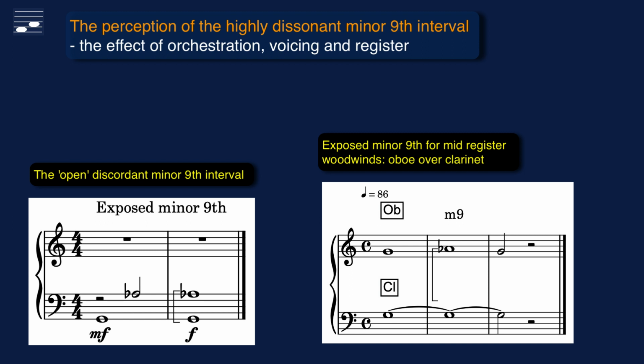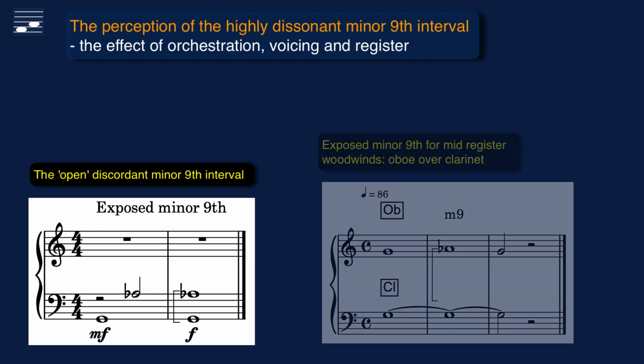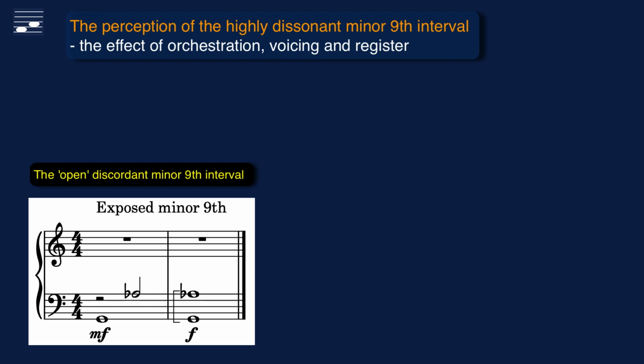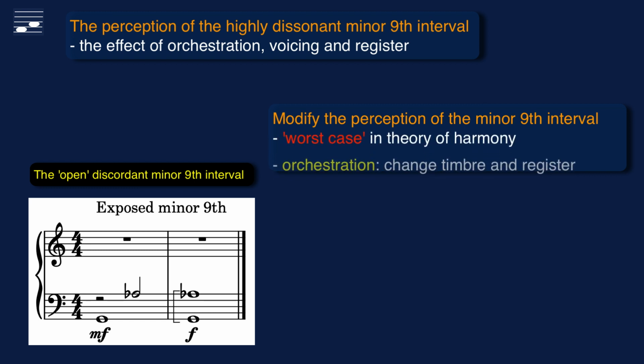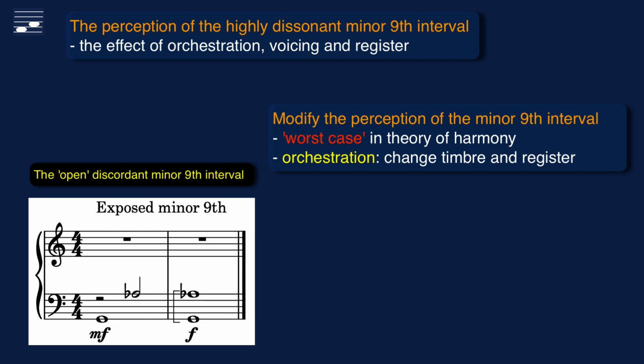And here's the combination of mid-register oboe over clarinet, playing the open minor 9th interval. What I wanted to demonstrate here is that, although in theory of harmony this interval is classified as the most dissonant, the choice of timbre and register, either in an electronic music or orchestral context, does affect the perceived tension level.